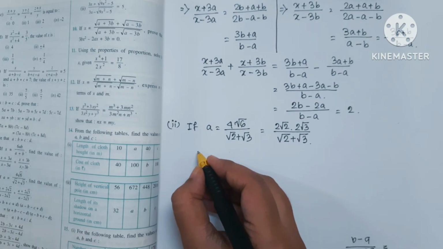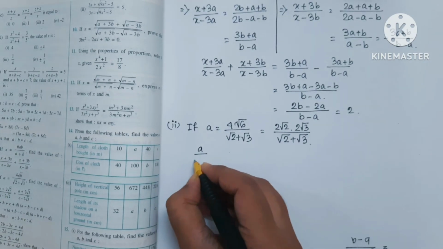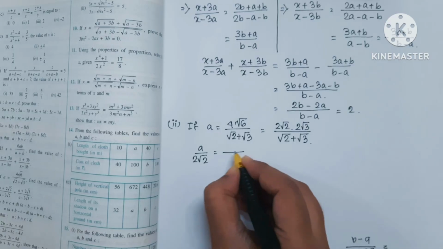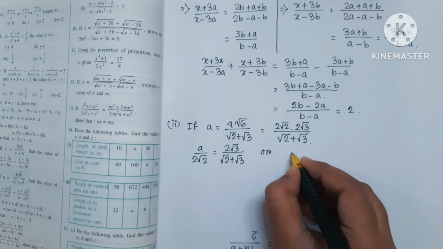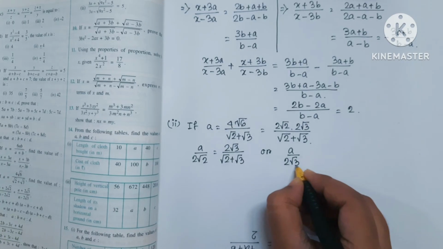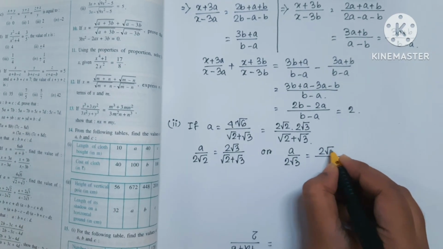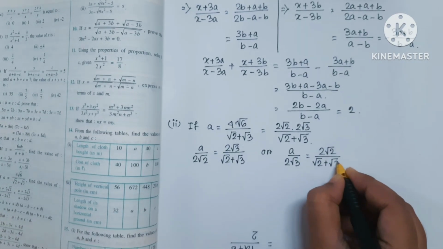Now from here you can write a by 2 root 2 is equal to 2 root 3 by root 2 plus root 3, or a by 2 root 3 is equal to 2 root 2 by root 2 plus root 3.